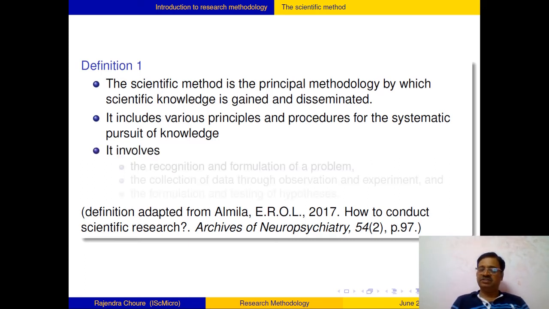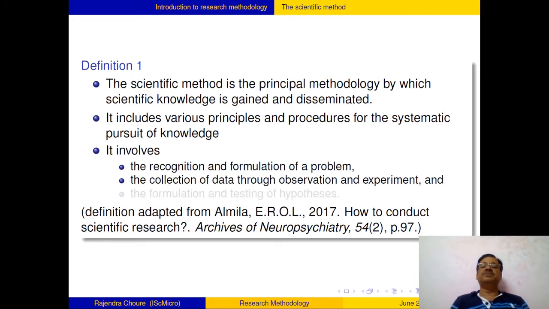Scientific method involves the recognition and formulation of a problem, the collection of data through observation and experiment, and the formulation and testing of hypotheses. This definition is from How to Conduct Scientific Research, Archives of Neuropsychiatry. Here we see that scientific method is the base of research. It's a methodology by which scientific knowledge is obtained.